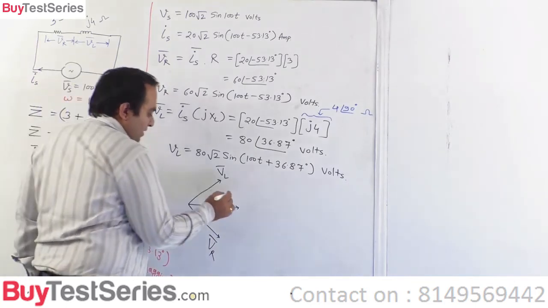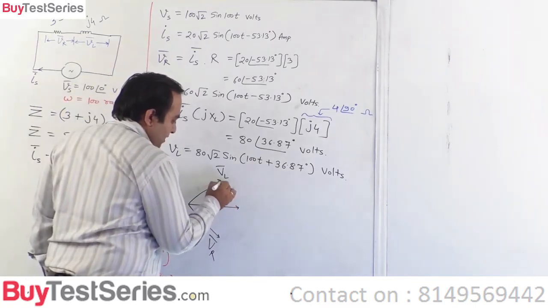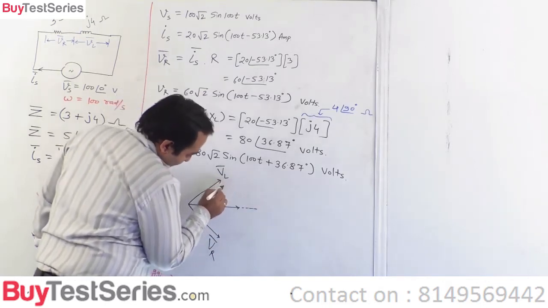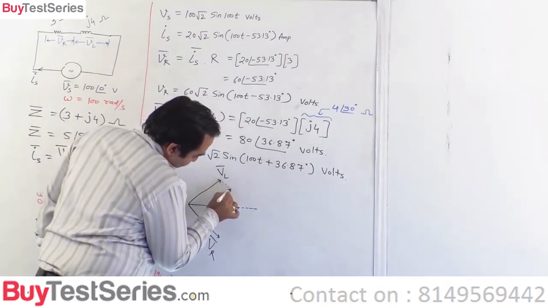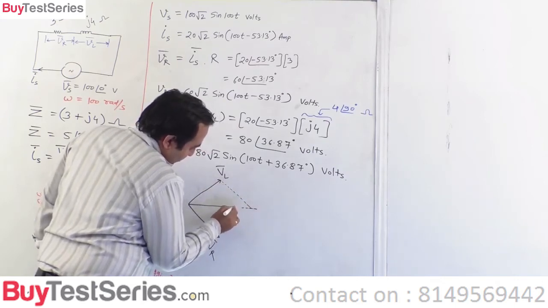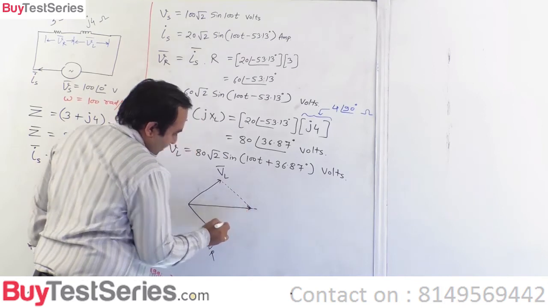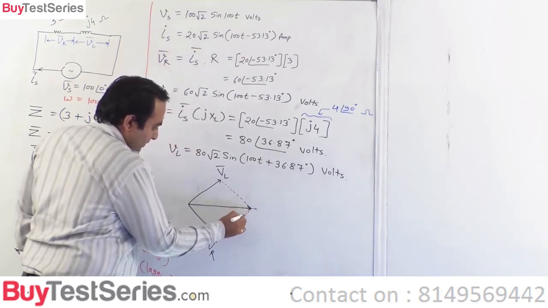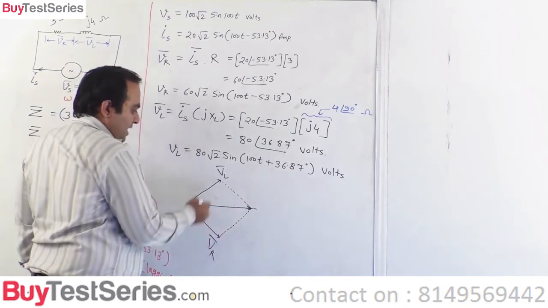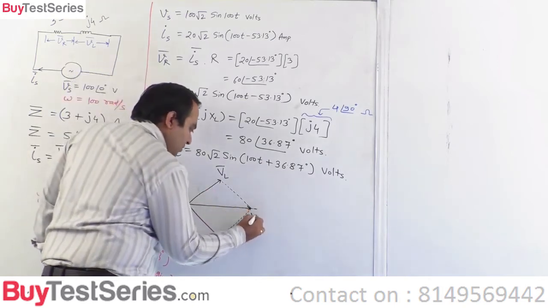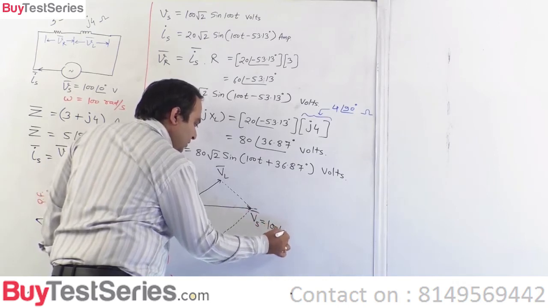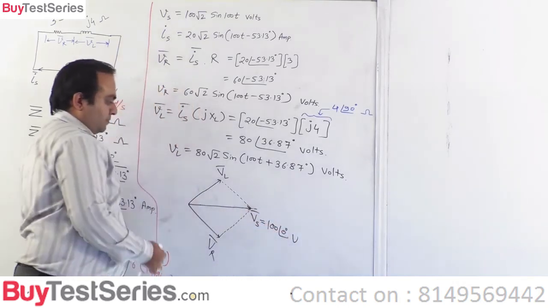So we can make it a complete parallelogram like this. You have to draw a line parallel to this, and this should be parallel to this, so that this is VR, this is VL, and this is your VS. VS is 100 angle 0 degree volts.